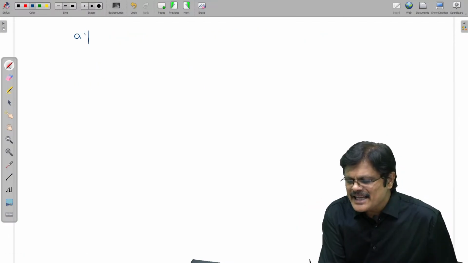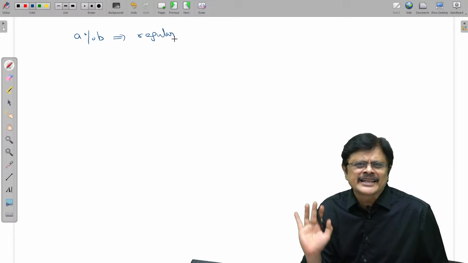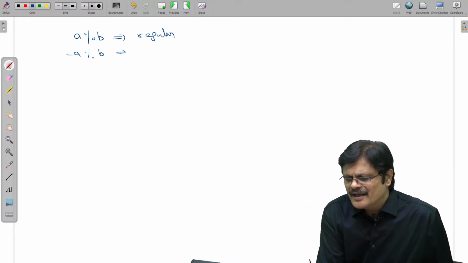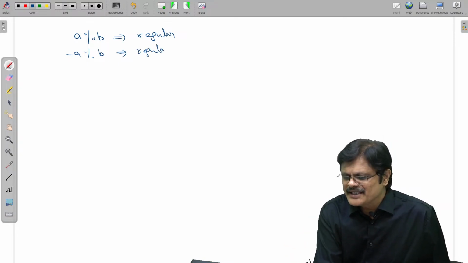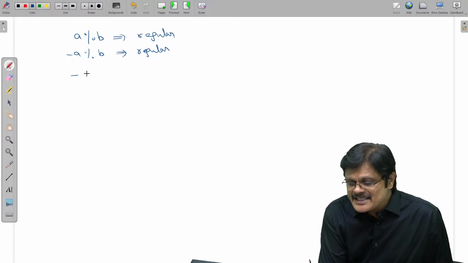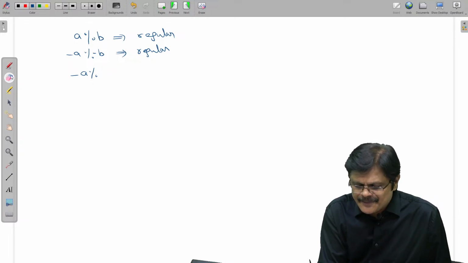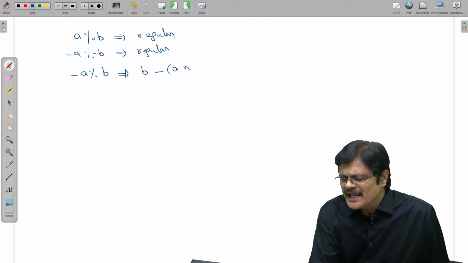So whenever it is A percent B, it is the regular answer: divide and get the remainder. Minus A percent B is also regular. But when it is minus A percent B, the answer should be B minus (A mod B).